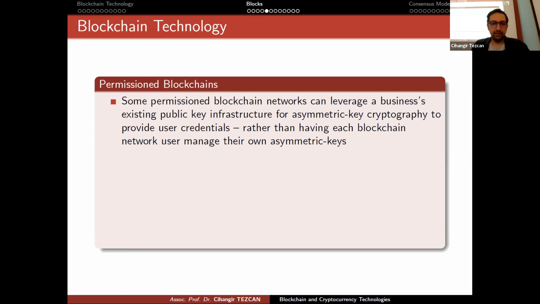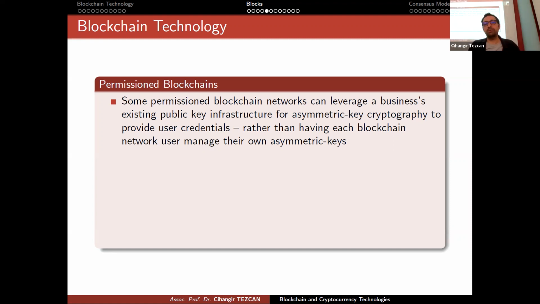So let's look at permissioned blockchains. Some permissioned blockchain networks can leverage a business's existing public key infrastructure for asymmetric key cryptography to provide user credentials, rather than having each blockchain network user manage their own asymmetric keys. So this is a good approach. In Bitcoin or similar cryptocurrencies, you just use wallet software and you create your own public and private keys.